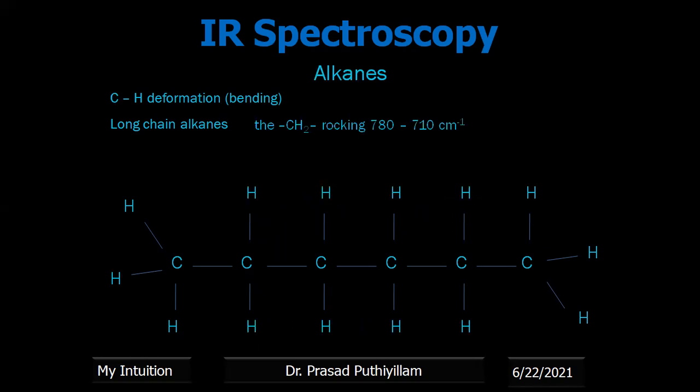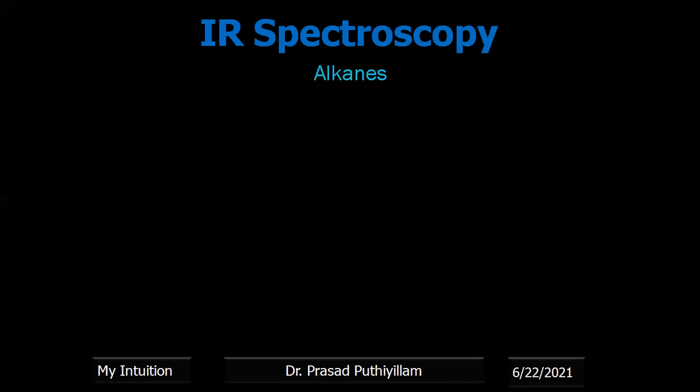It will absorb around 780 to 710 centimeter inverse. Therefore, if our alkane is a long chain alkane, we can always expect a peak near 780 to 710 centimeter inverse. That is due to CH2 rocking vibrations, that is bending or deformations.